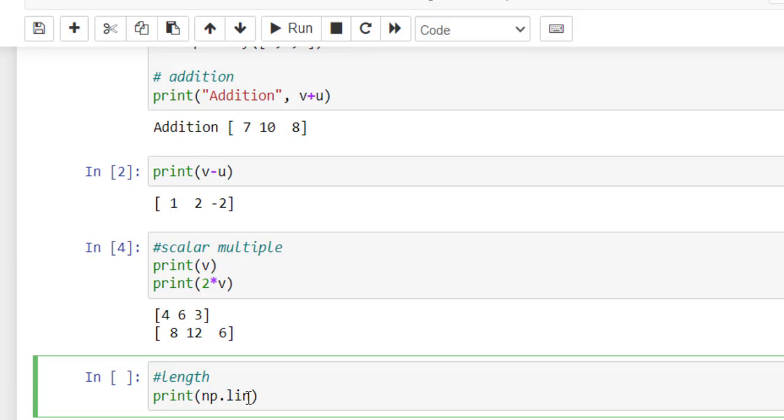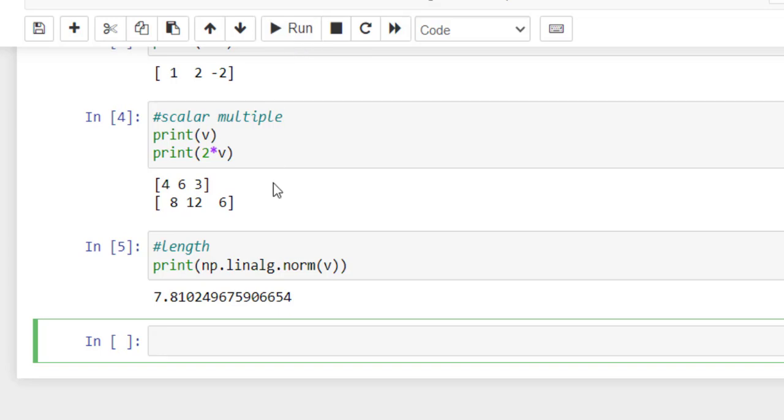This is linear algebra norm. So this is how we get the length, the magnitude. Then we run our code, and then we get the magnitude. This is the magnitude of vector v.